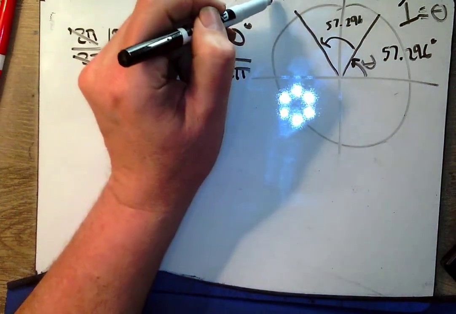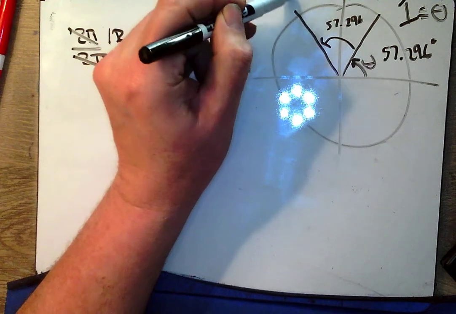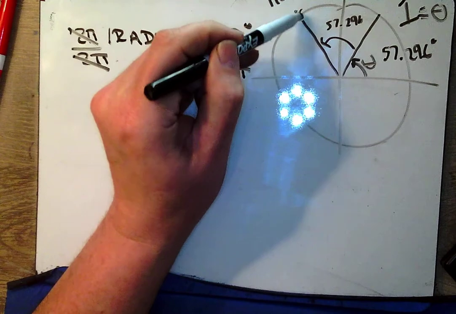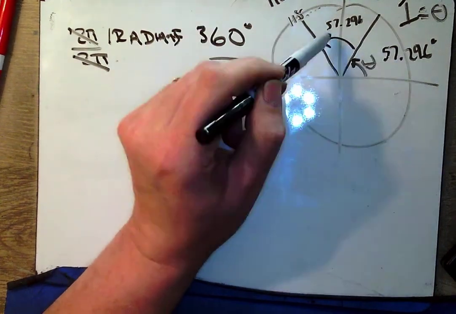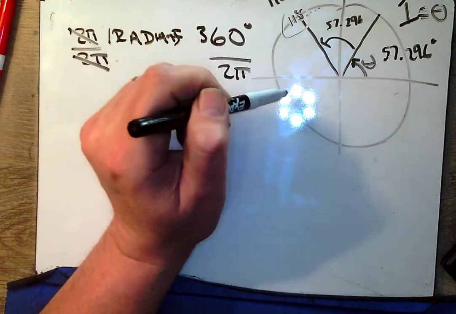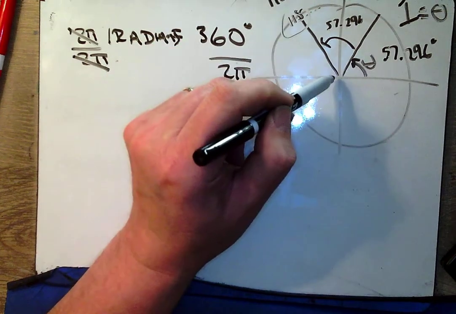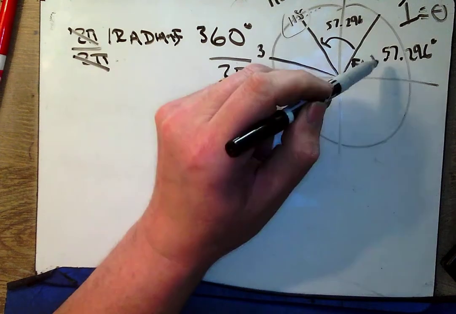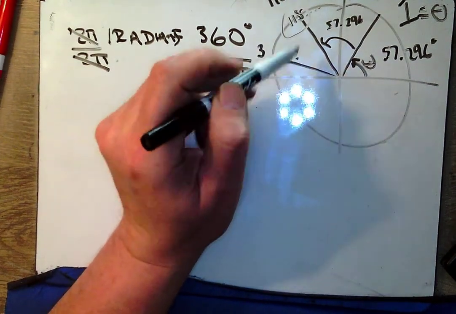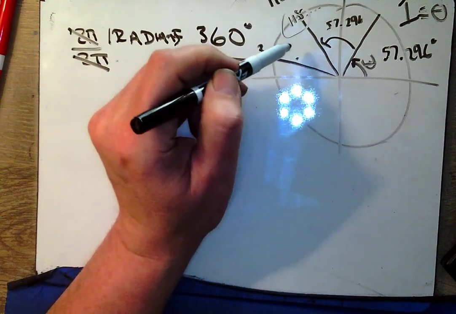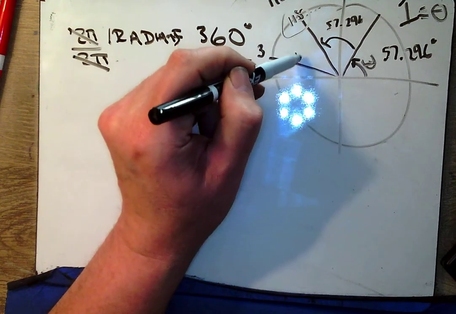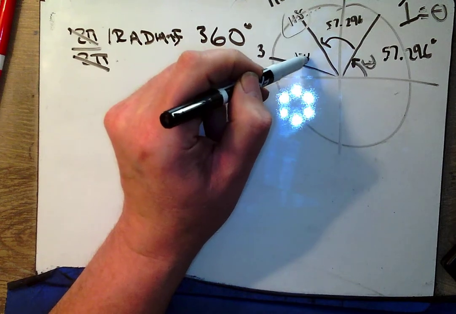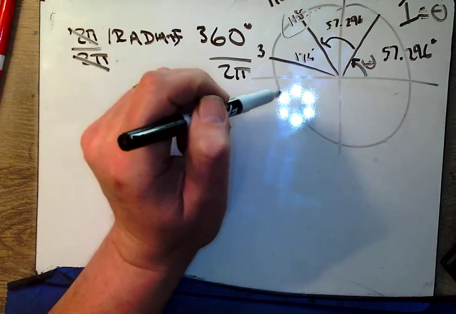And so now we're at 115 point something degrees, right? 57 plus 57. I'm going to get 115-ish. And then this is 3 radians, 1, 2, 3 radians. And so I'm adding another 57 to that, and I'm getting 162-ish degrees.